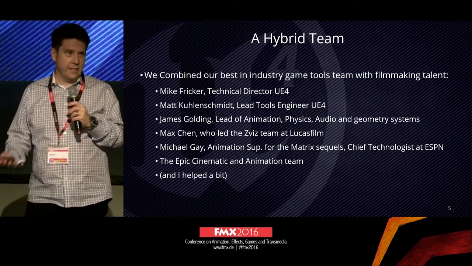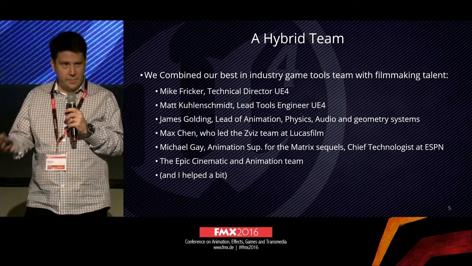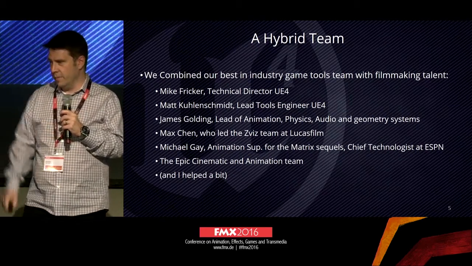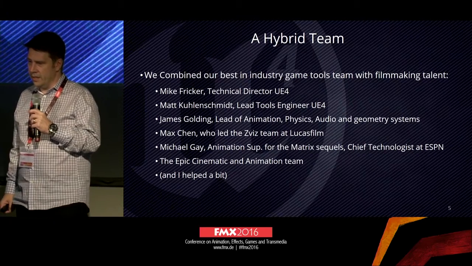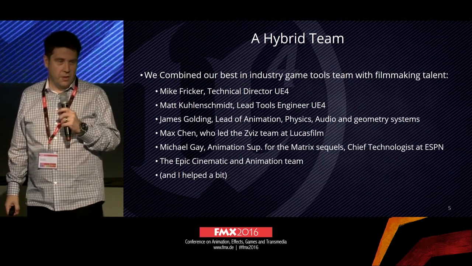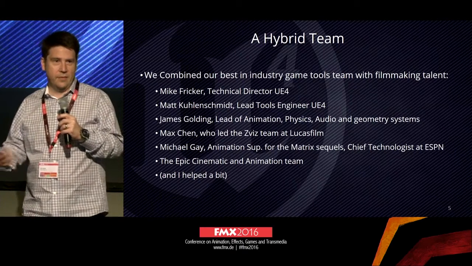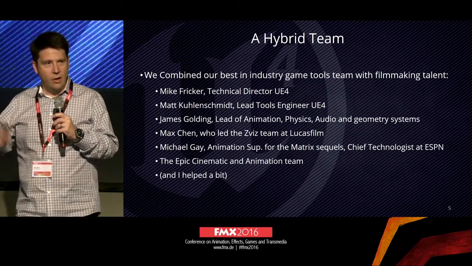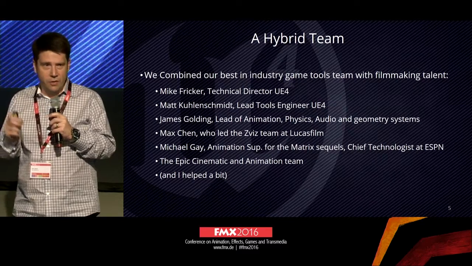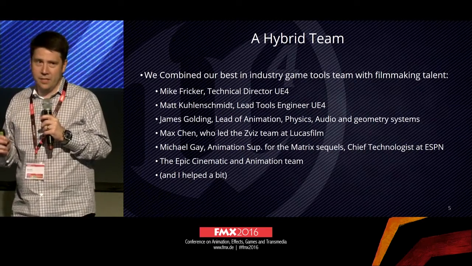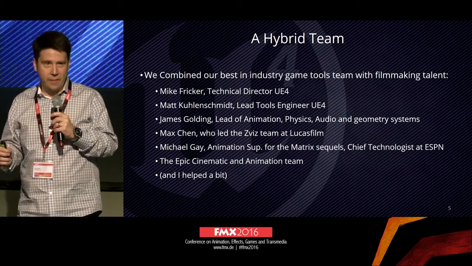And then we have an amazing cinematics team, both movie and games people combined together. We spent months in a room arguing with each other about workflows in the traditional movie business, the television business, and thrashed out, how would we get this thing to work? Because you've got to remember, Unreal Engine is a game engine. It still has to work for games companies.